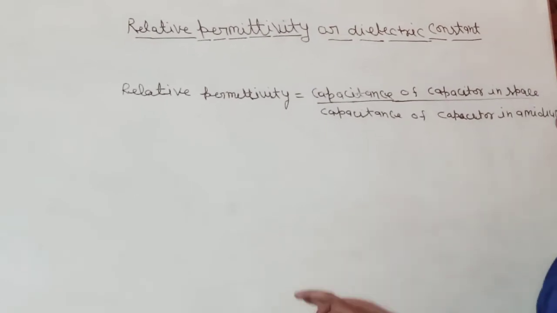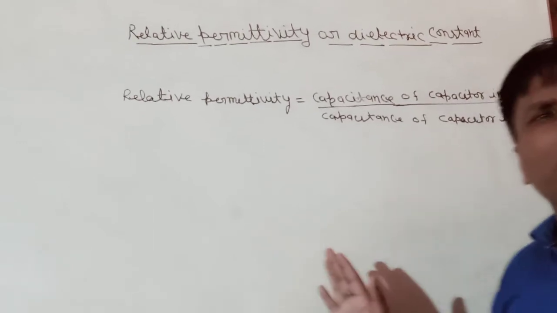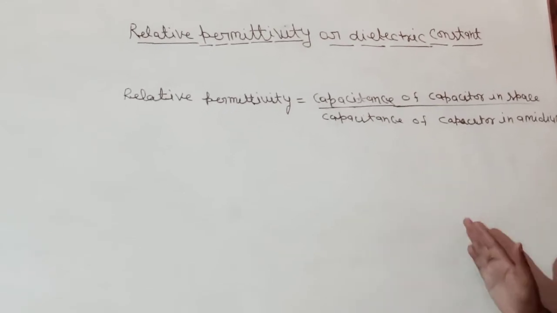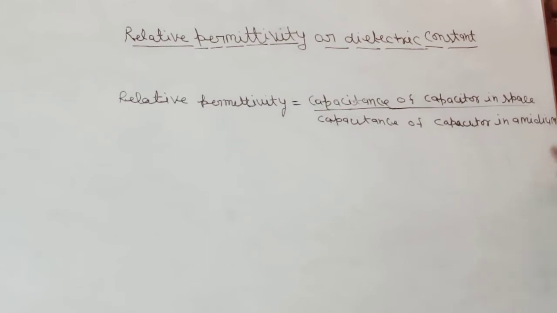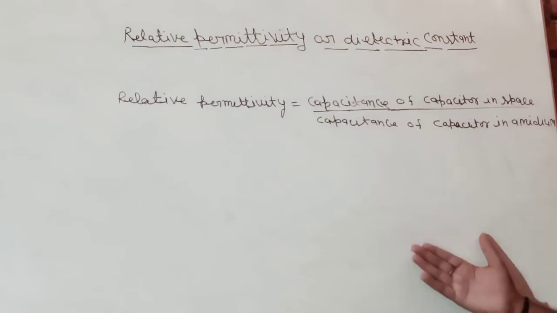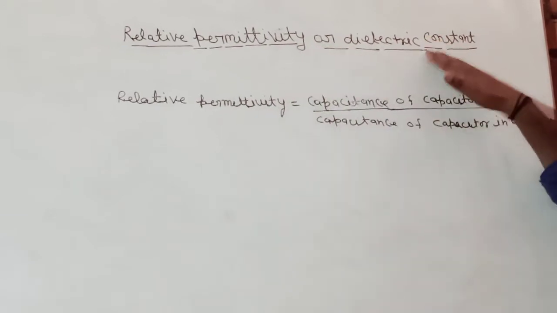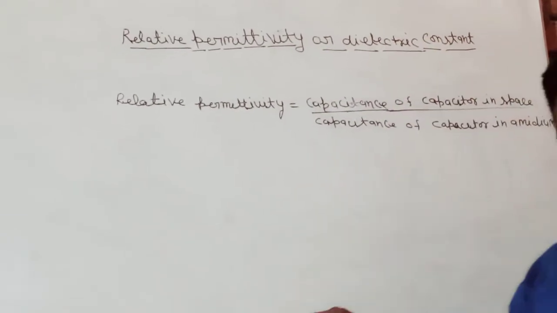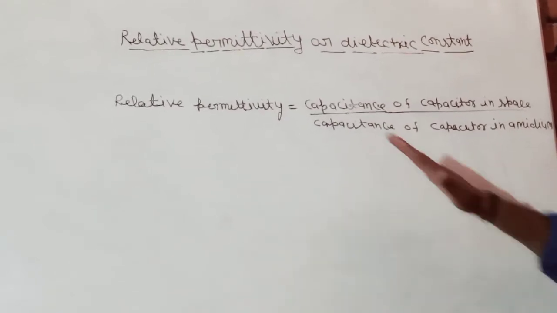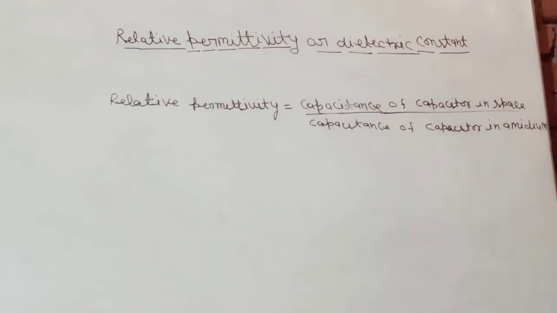The relative permittivity or dielectric constant may be defined as the ratio of the capacitance of a capacitor in medium to the capacitance of the same capacitor in space or air. Once again, note carefully: it is the ratio of the capacitance of a capacitor in a medium to the capacitance of the same capacitor in space or air.